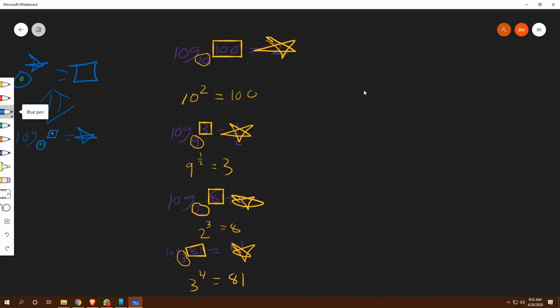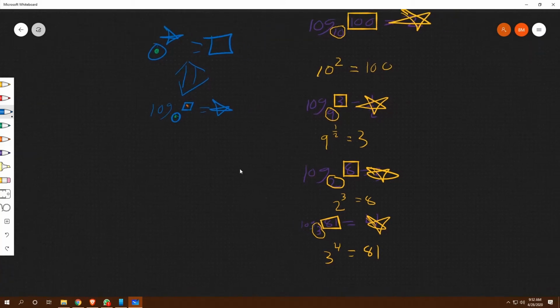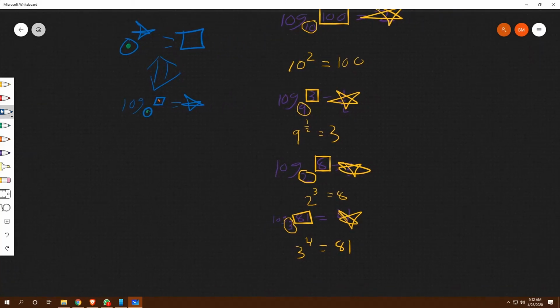I should talk about a little bit of knowledge real quick before I get to the next one. So going back here in our blue, say I have log of x equals 3. Well, we know that the 3 is going to be the star.